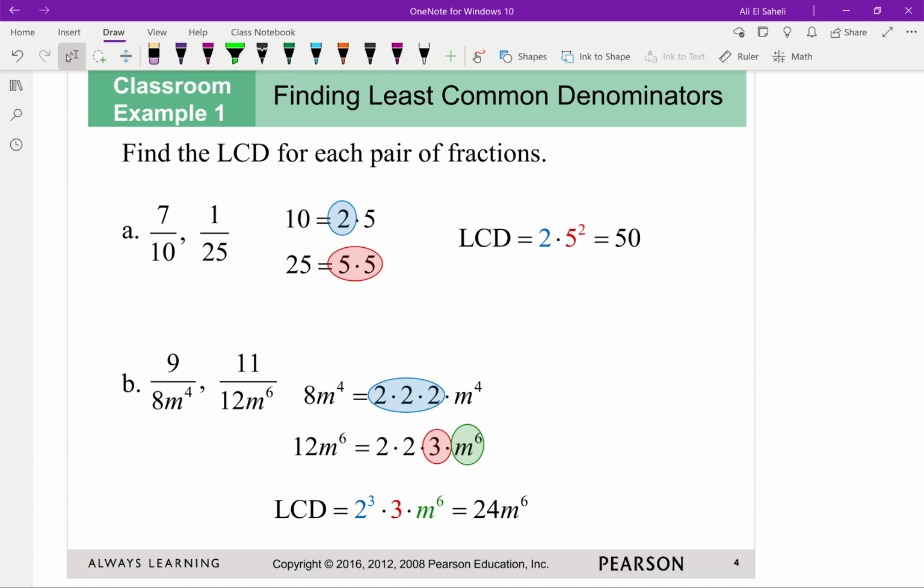The least common denominators of this and this. Remember, this will help us add them or subtract them.